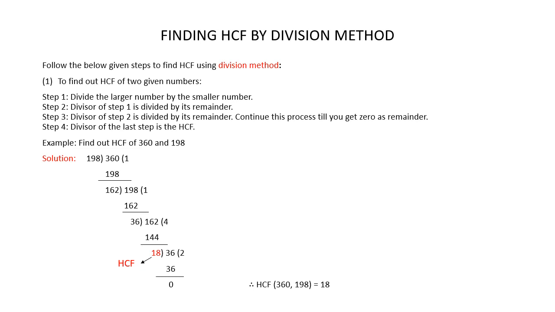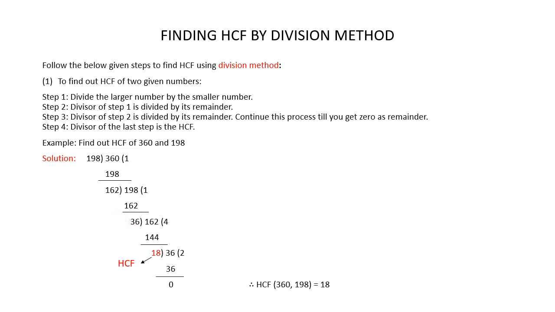Now in the second step, the divisor of step 1 is divided by its remainder. So the divisor of step 1 is 198. So now the remainder is 162. So now you have to divide 198 by 162. When you divide 198 by 162, you'll get 36 as the remainder.